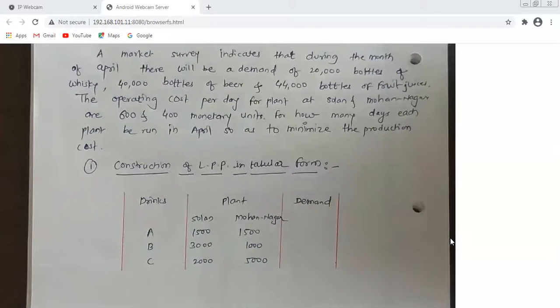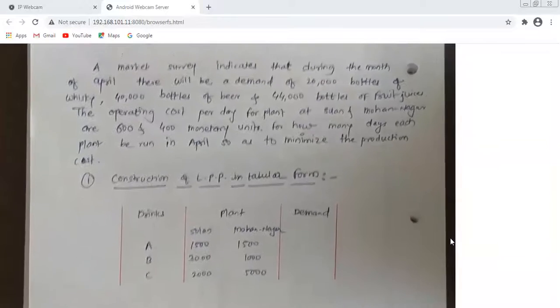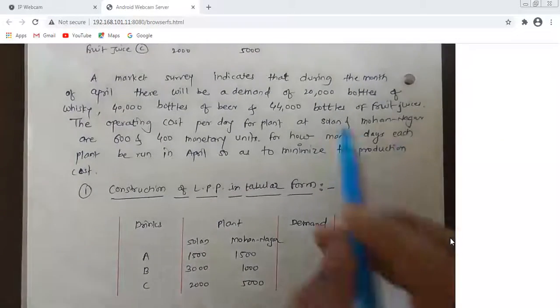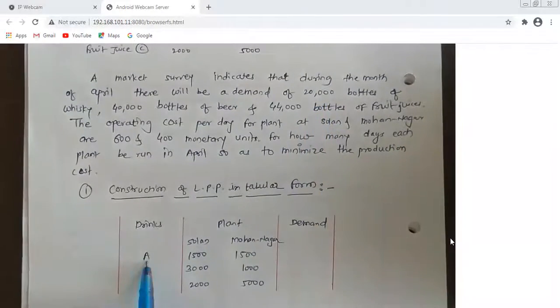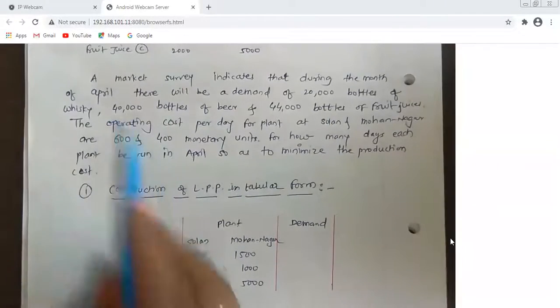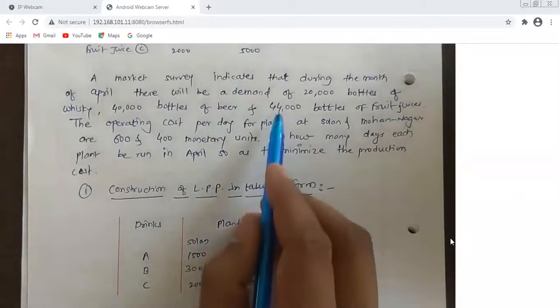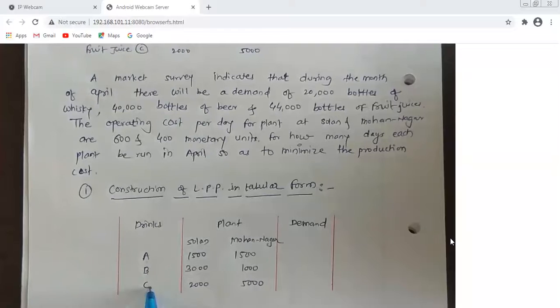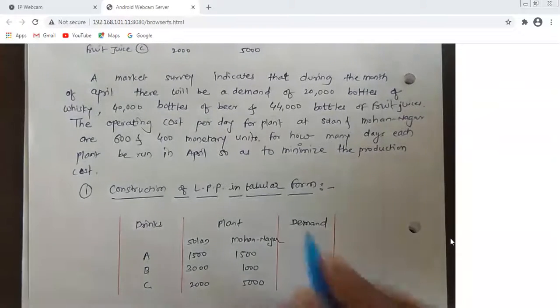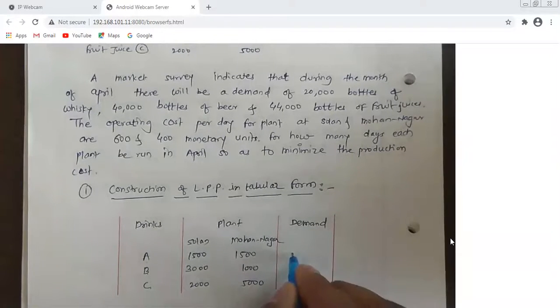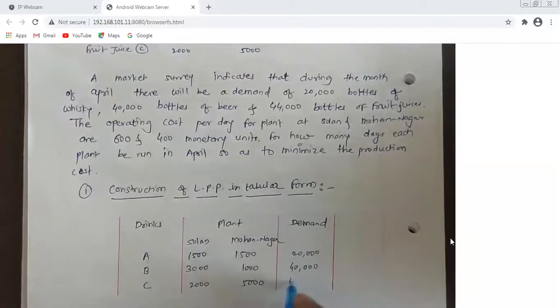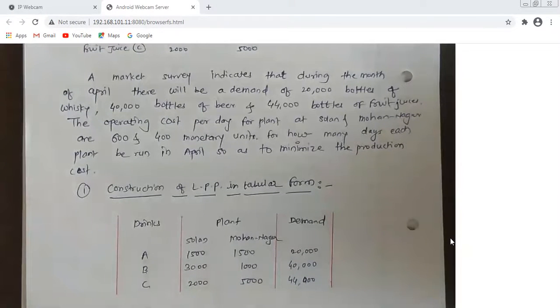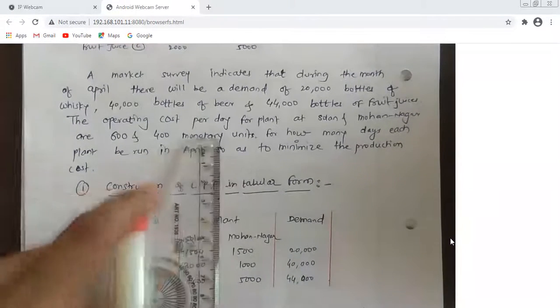Next, what have they given? They have given demand. The demand is 20,000 bottles of A, 40,000 bottles of B and 44,000 bottles of C. So this is nothing but the demand. I will write here 20,000, 40,000, and 44,000.